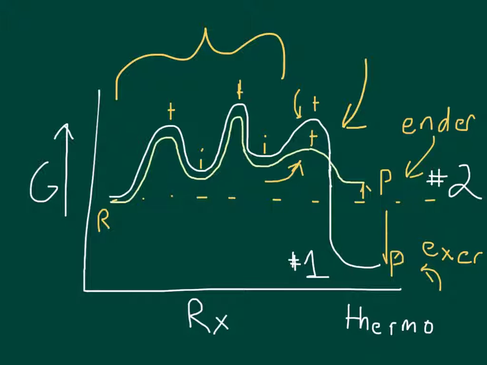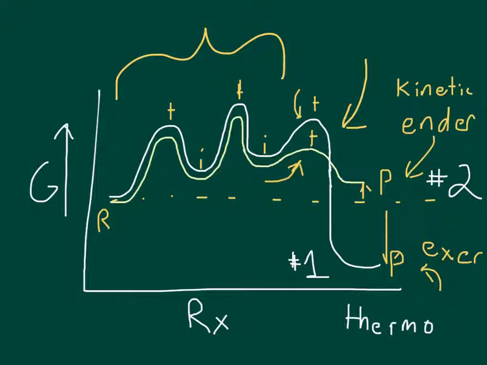It's easier to get over the hill. Since the activation energy level is lower, we call this the kinetic product, because it depends on the rate of the reaction. And once again, it's like trying to walk yourself up a slide, and if we compare between reaction 1 and 2, with reaction 2 it's easier to get over the hill of energy.